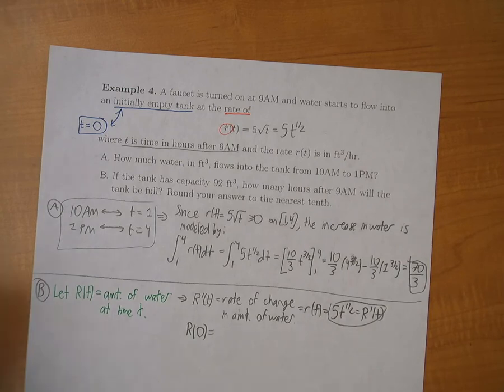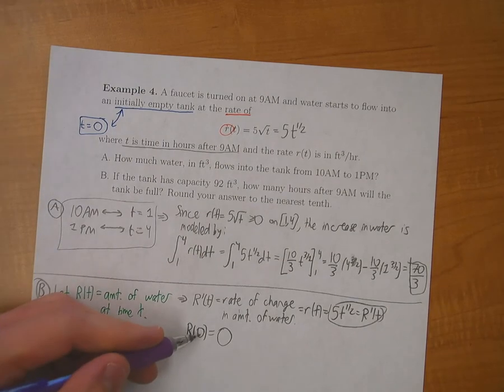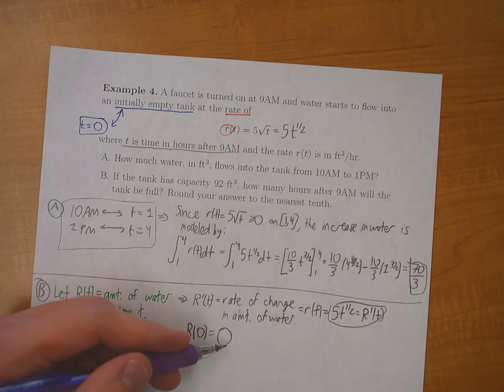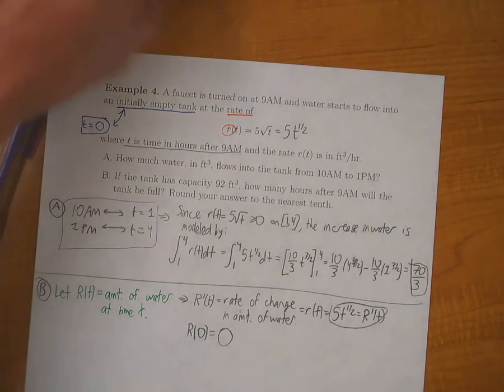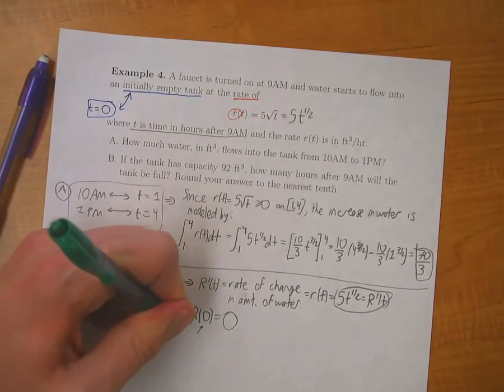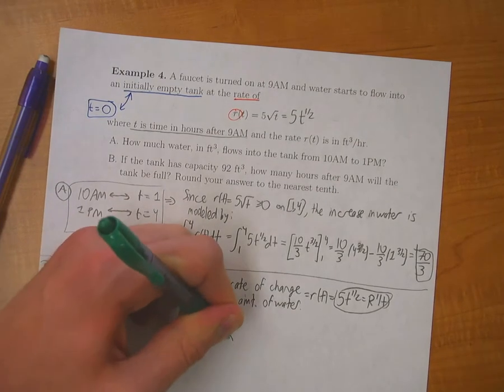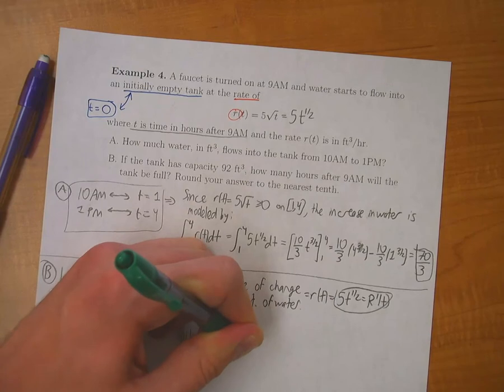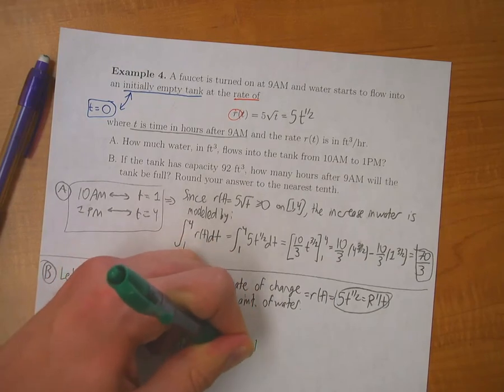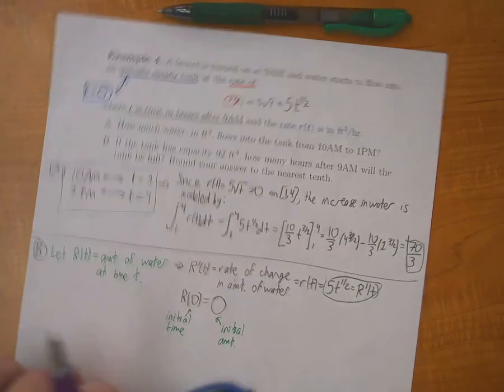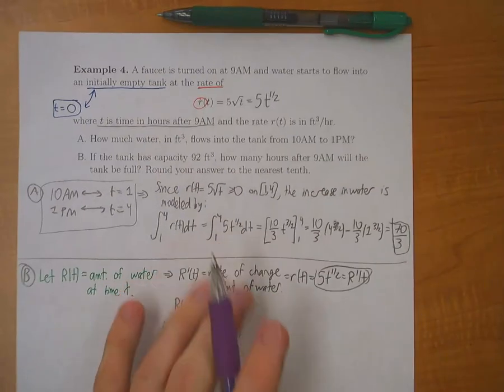Yeah, just 0, right? Because this 0 here corresponds to the initial time, and this 0 here corresponds to the fact that the tank is empty. So the initial time, and this is the initial amount. Okay?